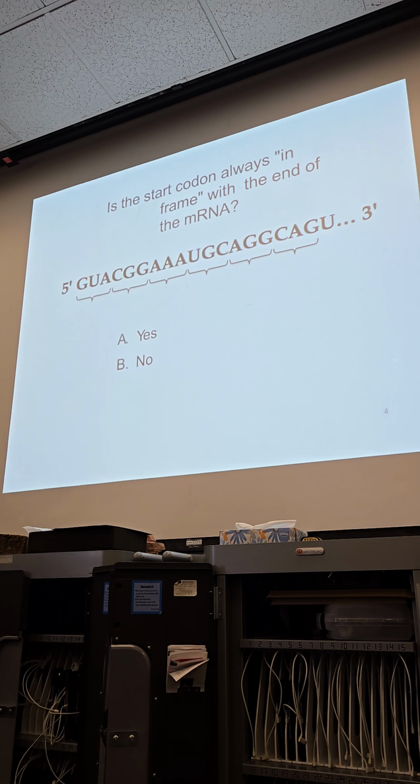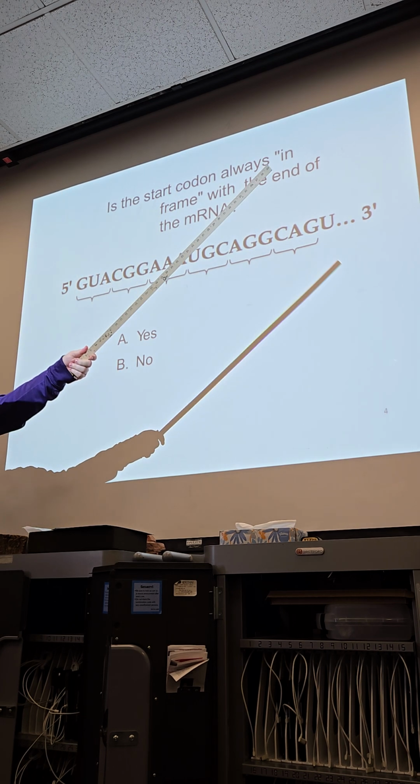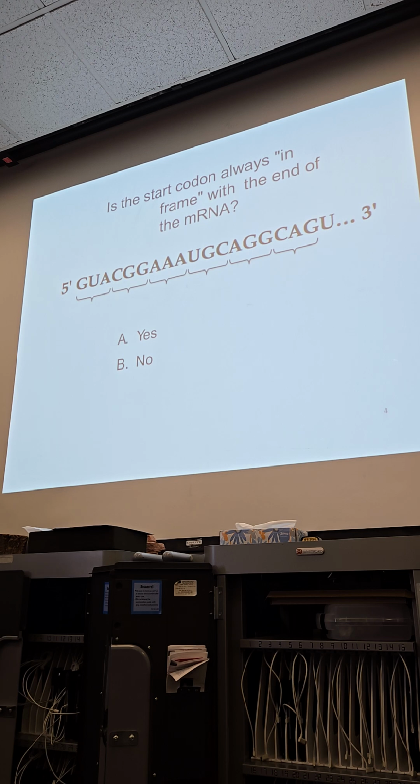So it's never going to start with just 1 or 2; it always has to be in frame. I'm confused. Isn't it always AUG where it starts? This isn't the start of it. The start's over here somewhere. We take a piece of the sequence and go 3 at a time until it hits a stop codon.